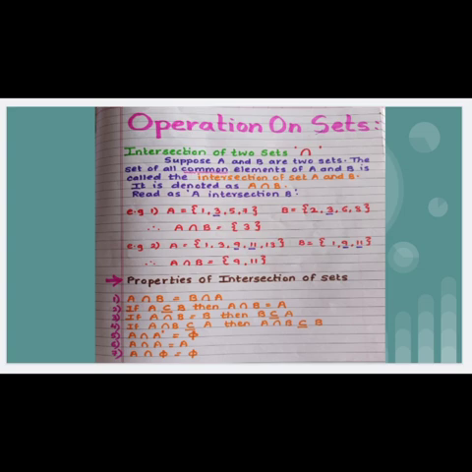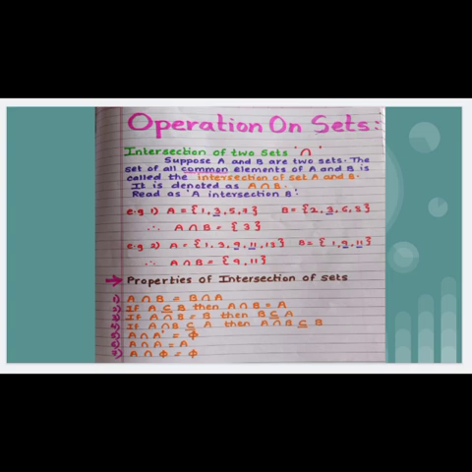First, A intersection B is equal to B intersection A. Second, if A is a subset of B, then A intersection B is equal to A. Third, if A intersection B is equal to B, then B is a subset of A. Fourth, if A intersection B is a subset of A, then A intersection B is a subset of B.